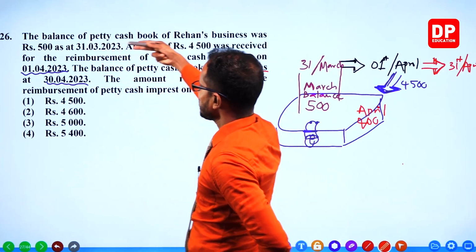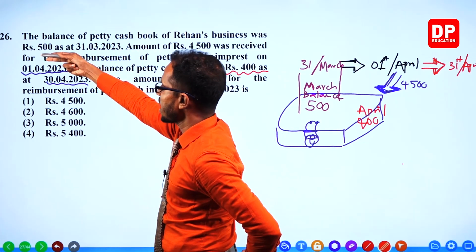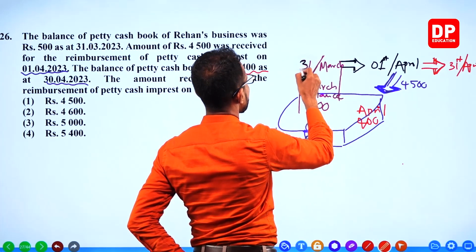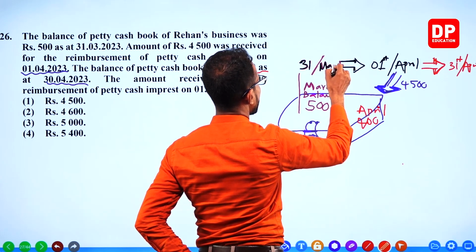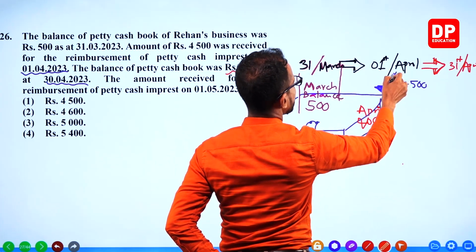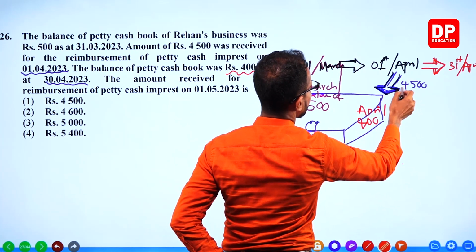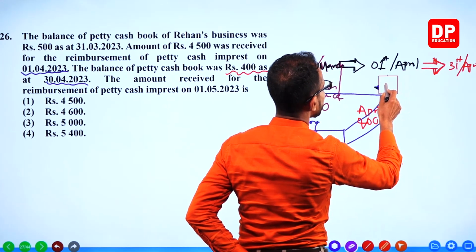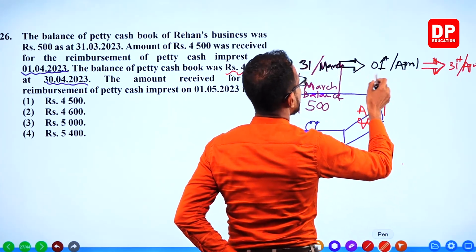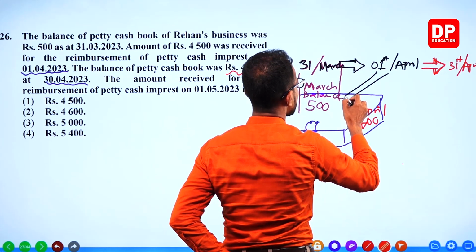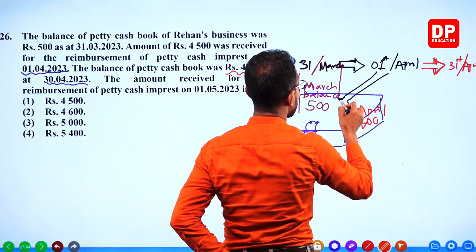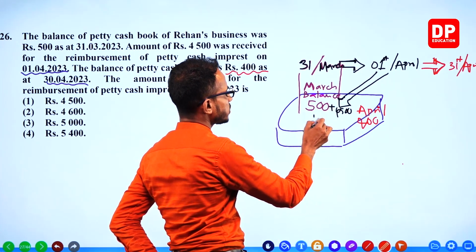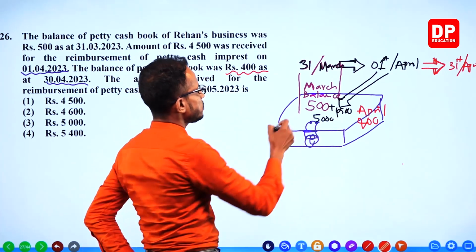If the balance of petty cash book of Rehan's business was 500 on 31st March, and you got 4,500 here, what is the interest? 500 plus 4,500. It's 5,000. Interest is 5,000.